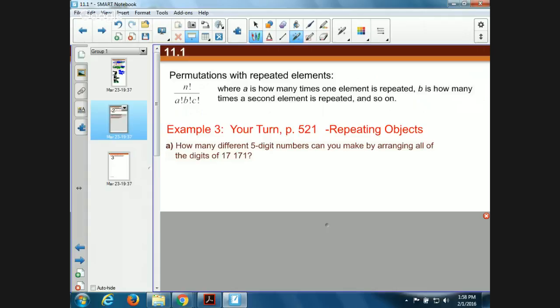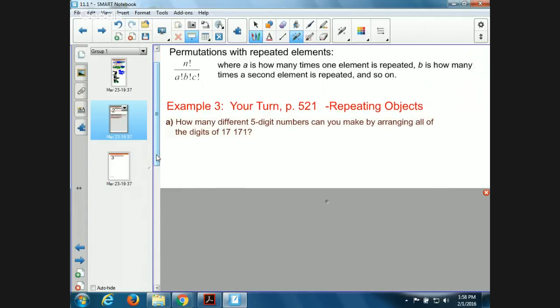How many 5-digit numbers can you make by arranging all of the digits of 17,171? Now, do you understand this? We're using all of the digits. So think of it this way.